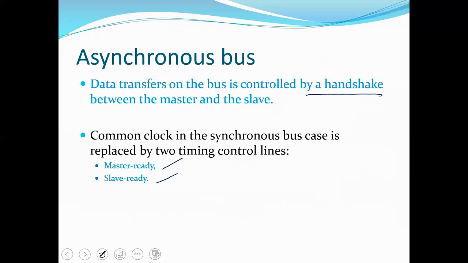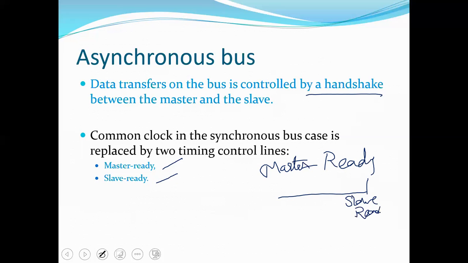Handshake means there is always an acknowledgement from the master and from the slave. Master puts the address and says that the master is ready. Slave makes the data ready and informs that the slave is ready.